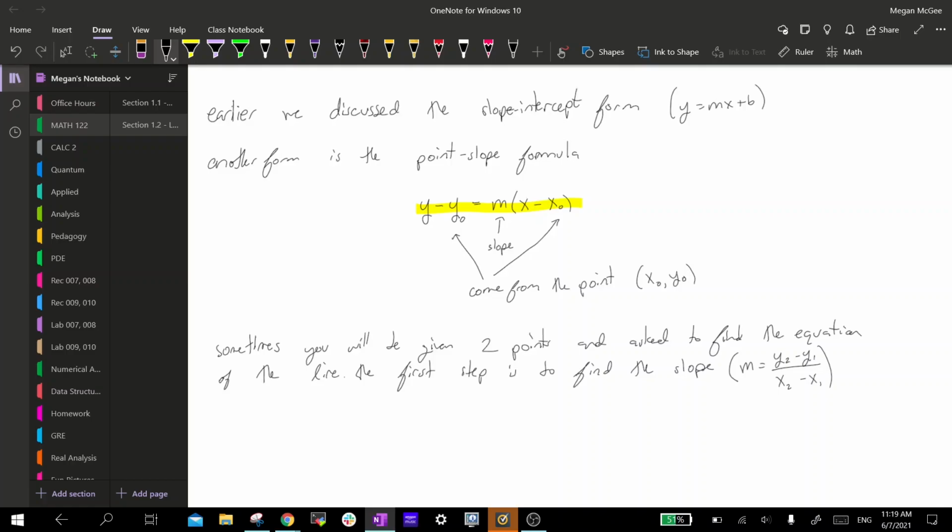Okay, so we could use this to find our slope, and then you just pick one of the points. So you pick one of the 2 points that you're given and use it as the x naught, y naught point that I was just mentioning a moment ago.